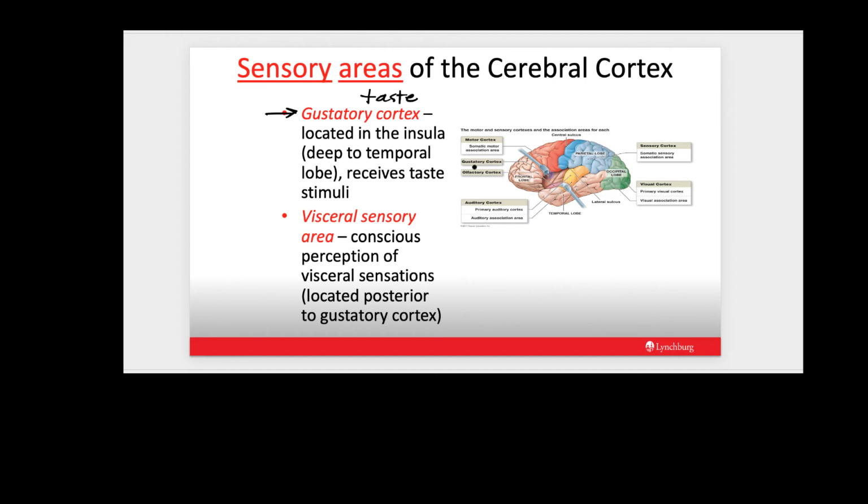We see gustatory cortex is located deep in the insula. This is in that deep lobe that's deep to the temporal lobe. We have to peel that back at the lateral sulcus, and this is where taste information is going to travel to. We also have in the insula the visceral sensory area. Visceral means organ, so the visceral sensory area is basically our perception of visceral sensations.